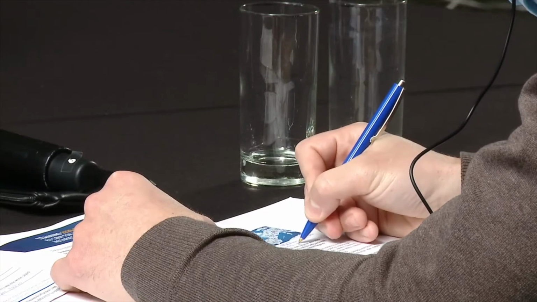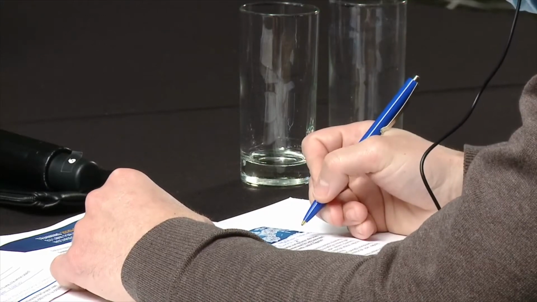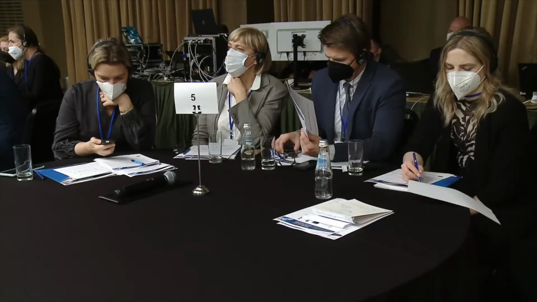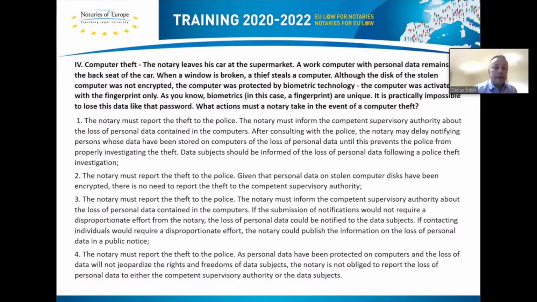But let's discuss. I know we almost have no time, but let's discuss the second task. Third and fourth answer. Do you understand well? I will read only the fable. So the notary leaves his car at the supermarket, and a work computer with personal data remains on the back seat of the car. When a window is broken, a thief steals the computer.